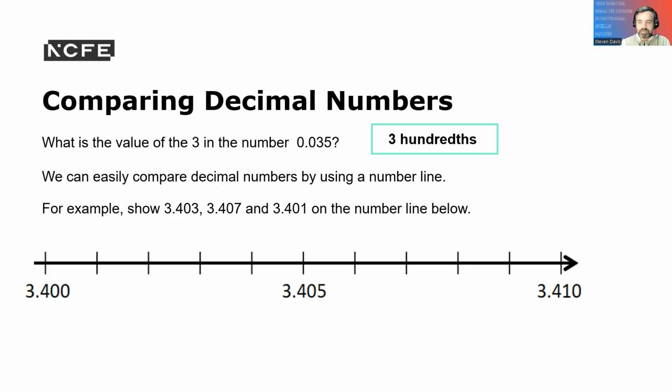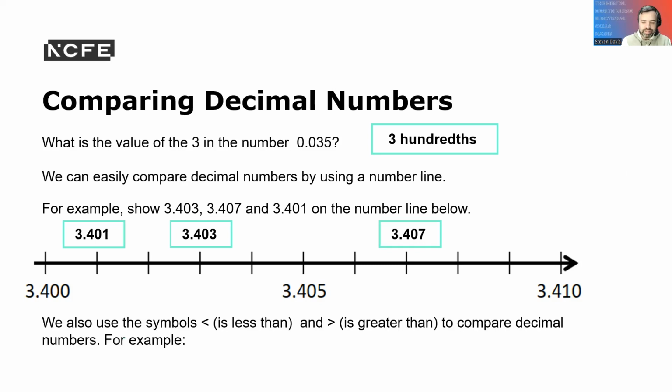So we can easily compare decimal numbers by using a number line. For example, 3.403 to 3.407 and 3.401 on the number line below. So you can see there, that's where they sit on the number line.